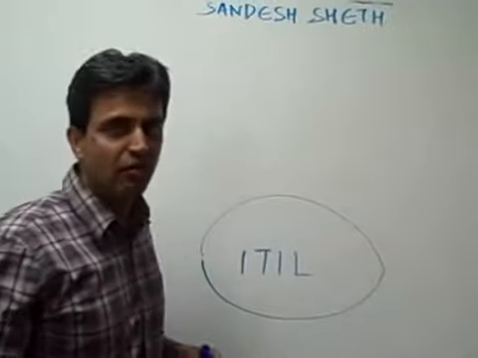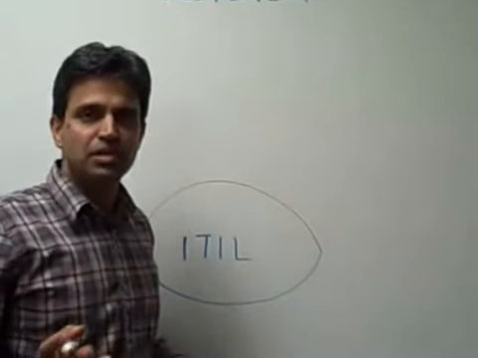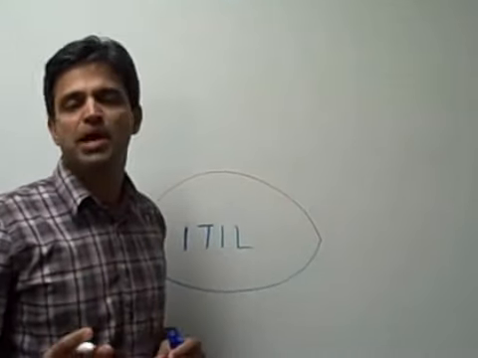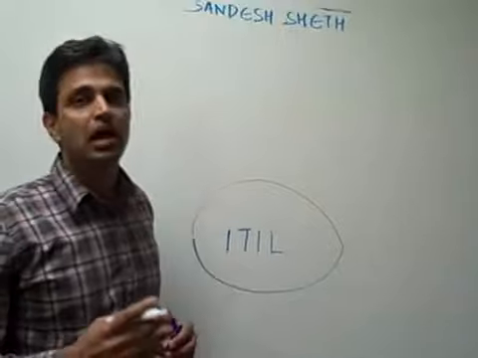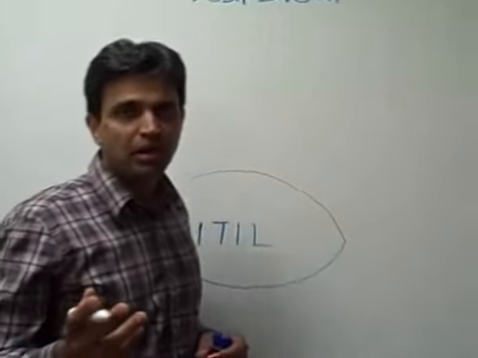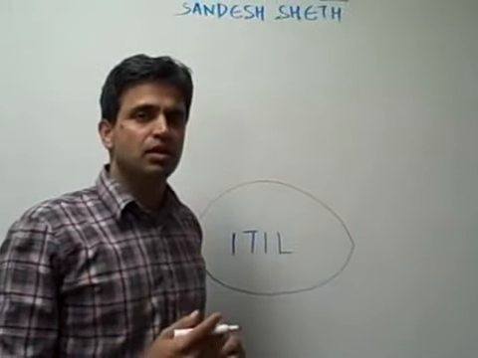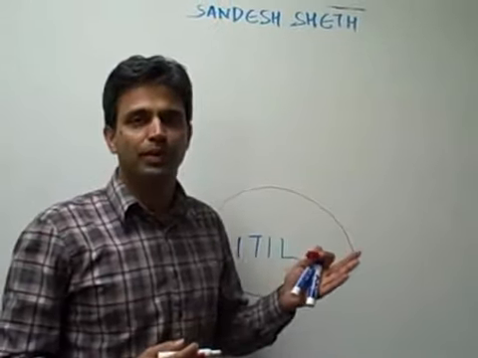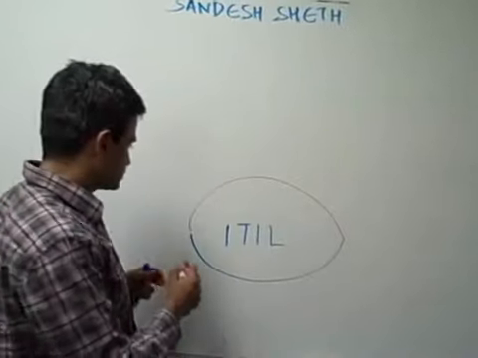With this, we have the ISMS, the Information Security Management Systems framework, which is the ISO 17799. This is more towards the what to be done than how to be done.